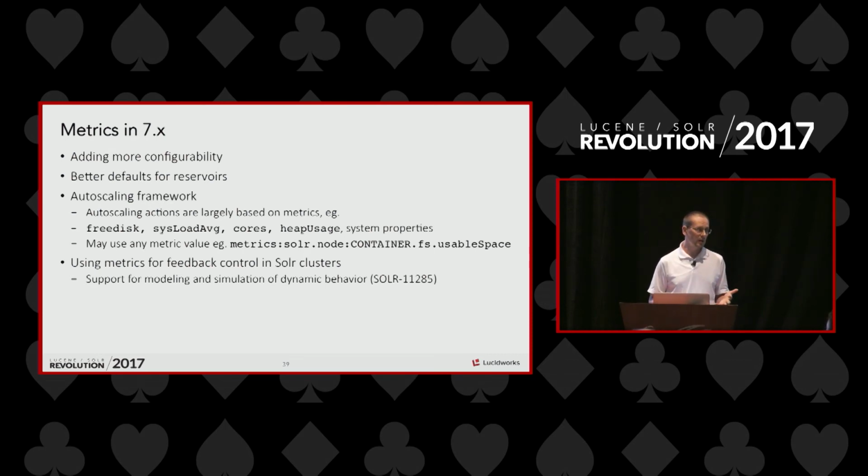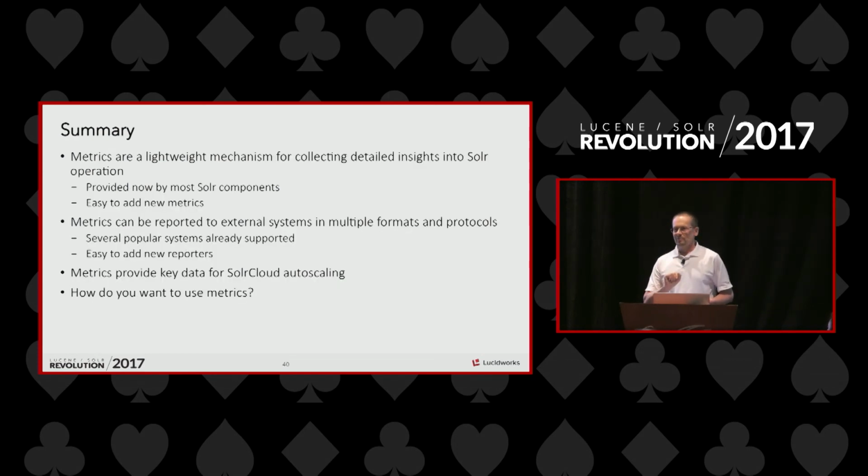This depends on a modeling and simulation framework that we started building in Solr 7.x. So, to summarize, metrics are a very lightweight but very detailed insight into all of the nooks and corners of how the Solr instance behaves. Metrics are provided now by most, if not almost all, Solr components, and it's very easy to add new metrics.